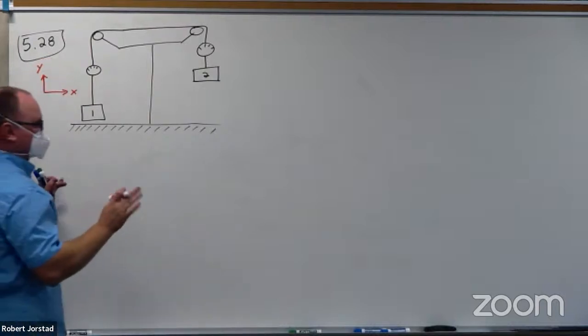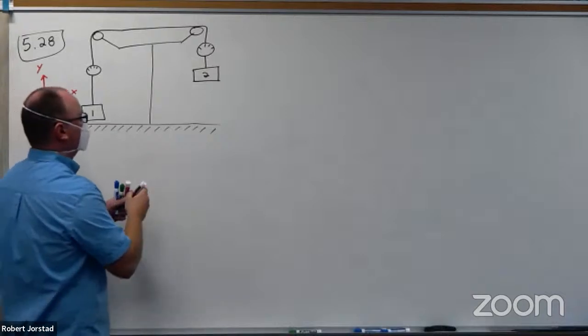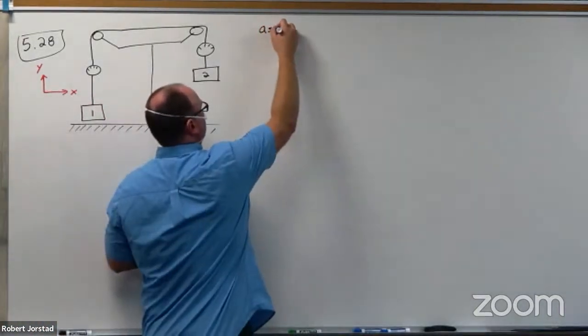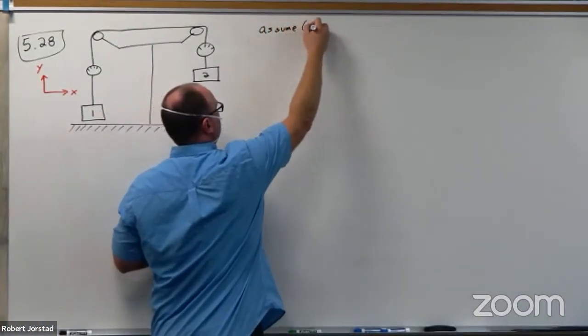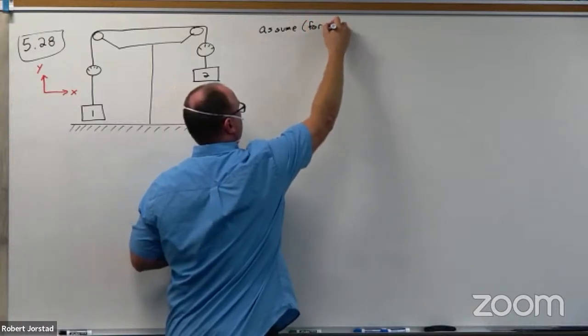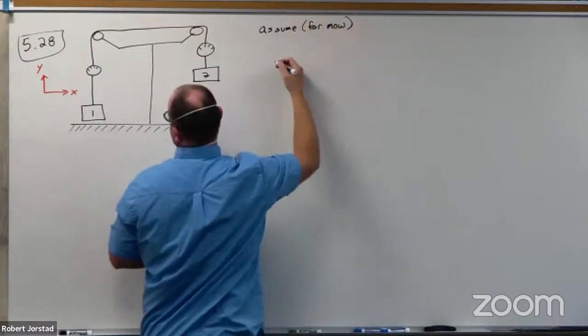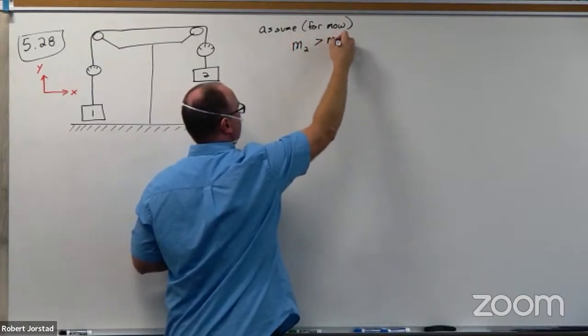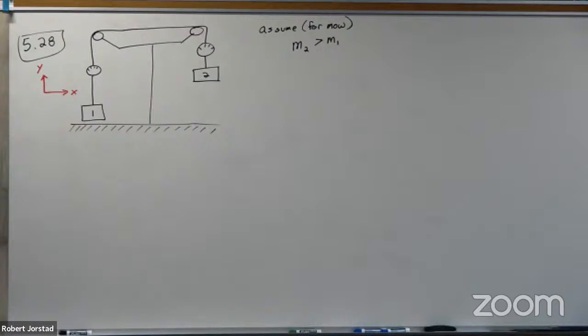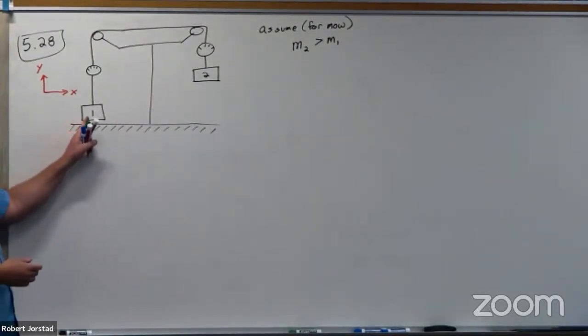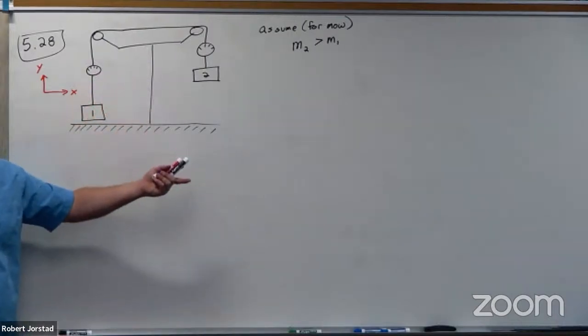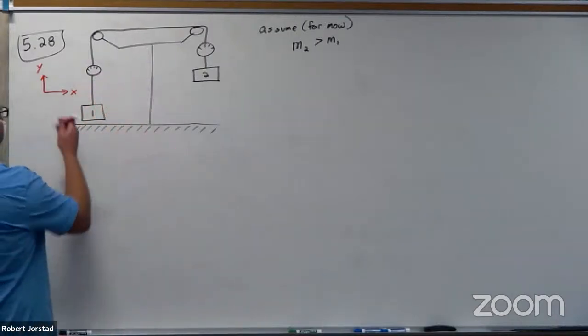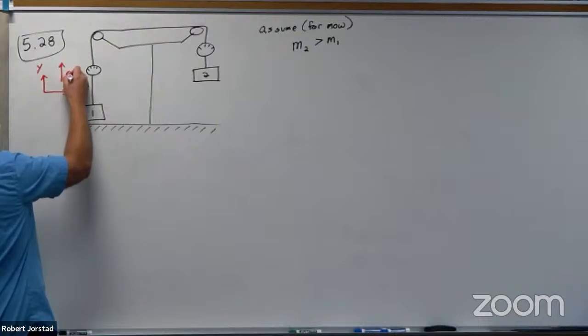And let's assume for now that M2 is greater than M1. Do you agree that object 1 should get lifted up and 2 should fall down? So I'm going to label this acceleration 1.